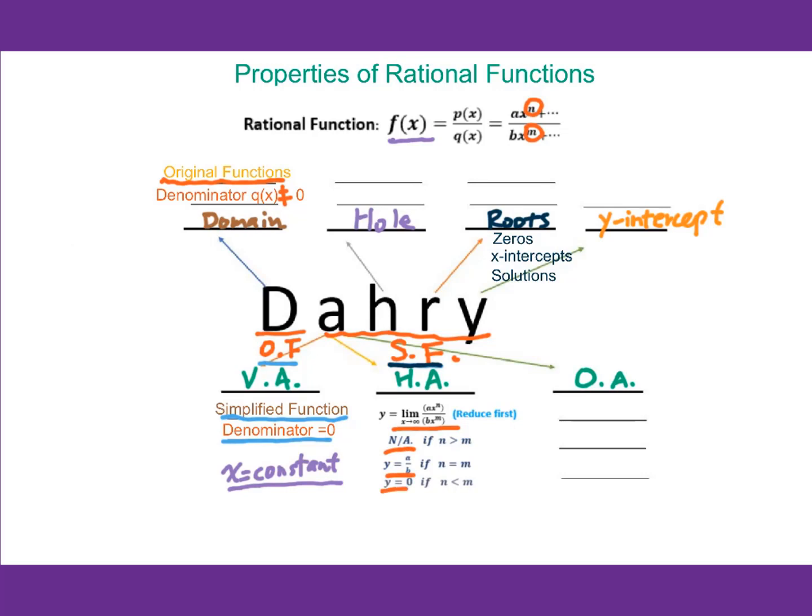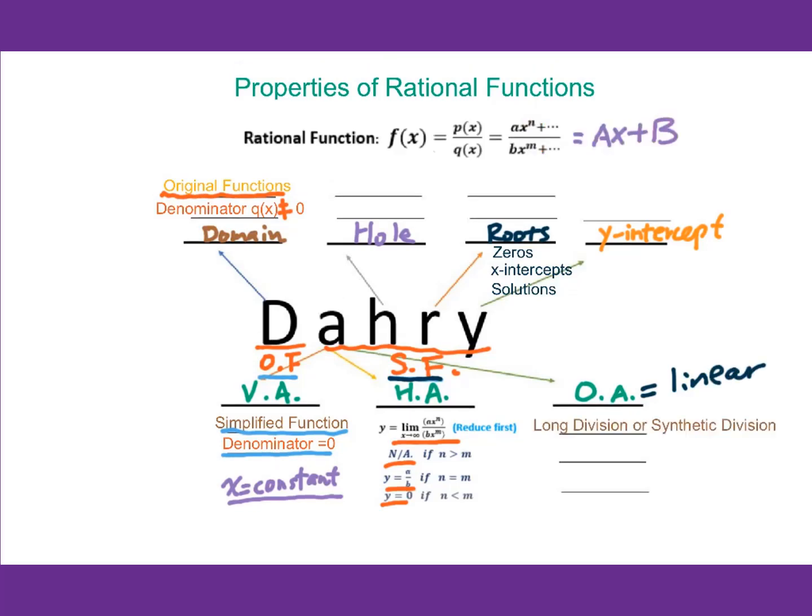What's the oblique asymptote line? Basically, the oblique asymptote line is a linear function. When we do long division of these rational functions, the quotient is a linear function. Then we get the oblique asymptote line.